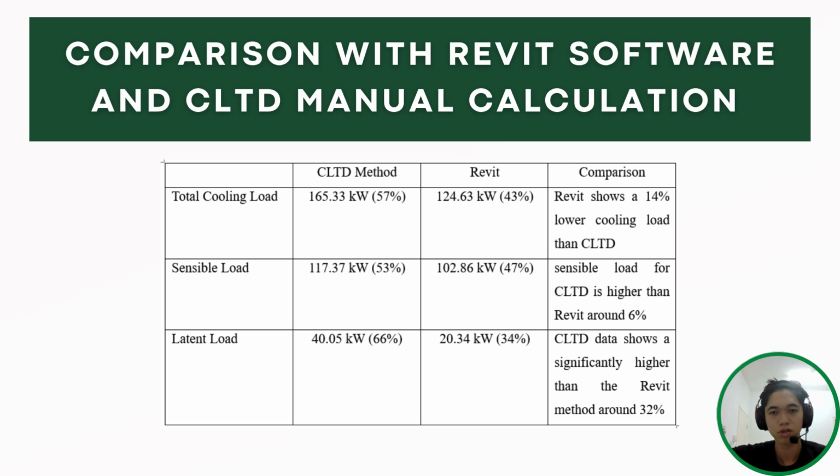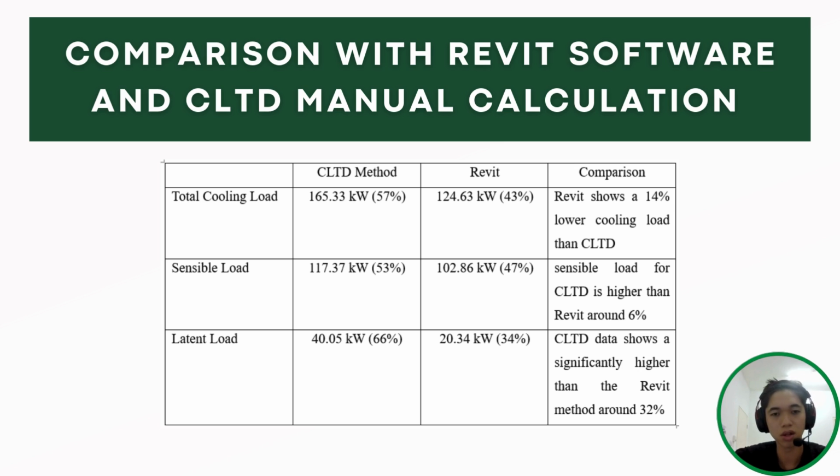For the comparison of Revit software and CLTD manual calculation, the total cooling load for CLTD is 165.33 kilowatts, which is 57%, and for the Revit software it is around 124.63 kilowatts, which is 43%, a difference of around 14%.